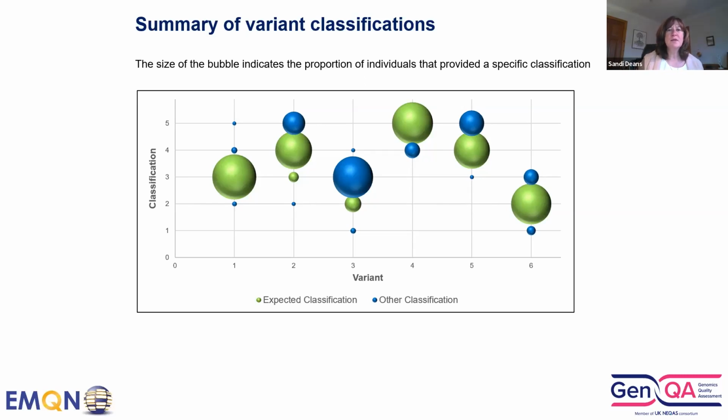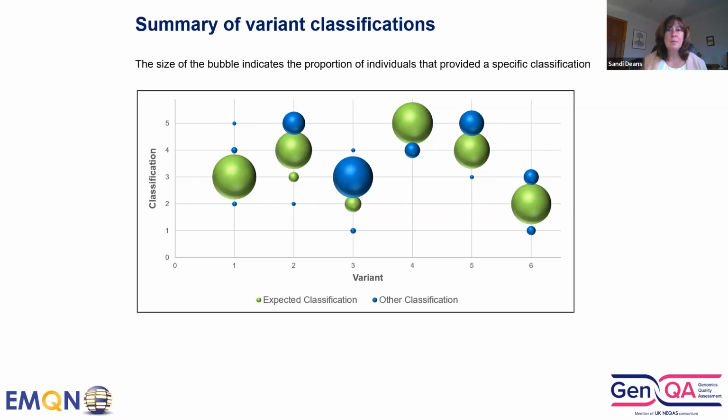For variant 1, we've got incredibly good consensus that the majority of participants agree with the expert panel and class this variant as a 3, of uncertain significance, although a very small handful are also classifying it as a 5, a 4 and a 2, as we've just discussed.